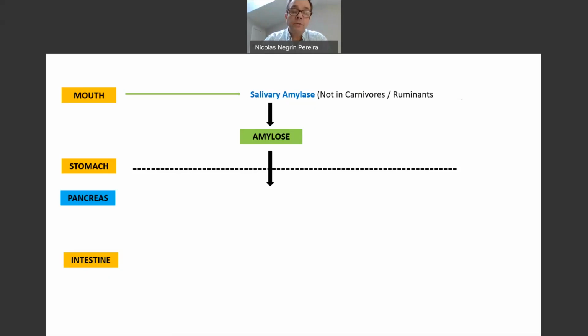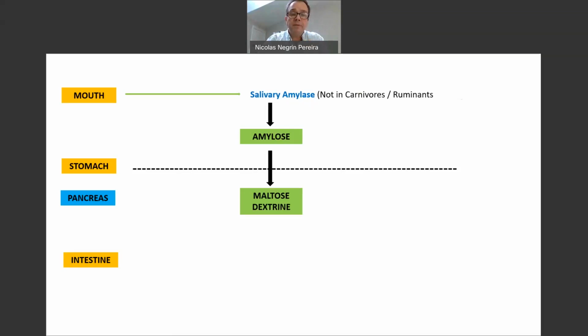And the amylose will go through the stomach completely unchanged. So we start with polysaccharides. Salivary amylase will break down the polysaccharides into amylose. Amylose will travel through the stomach compartment, and there are no enzymes active for saccharide digestion in the stomach.